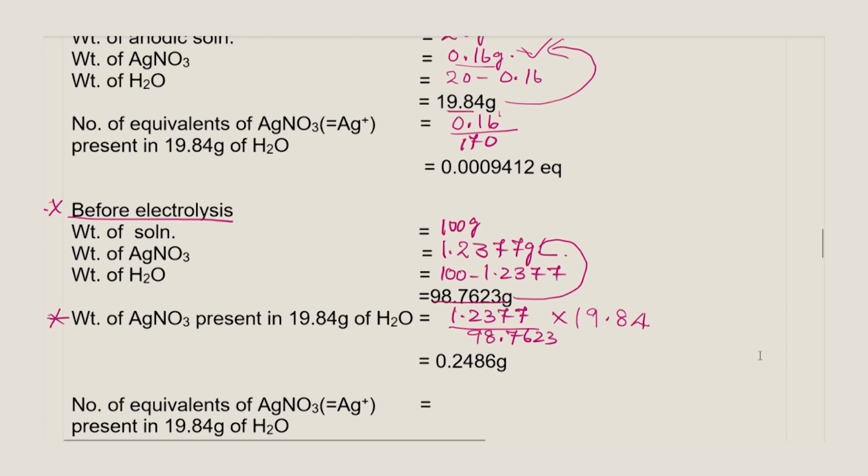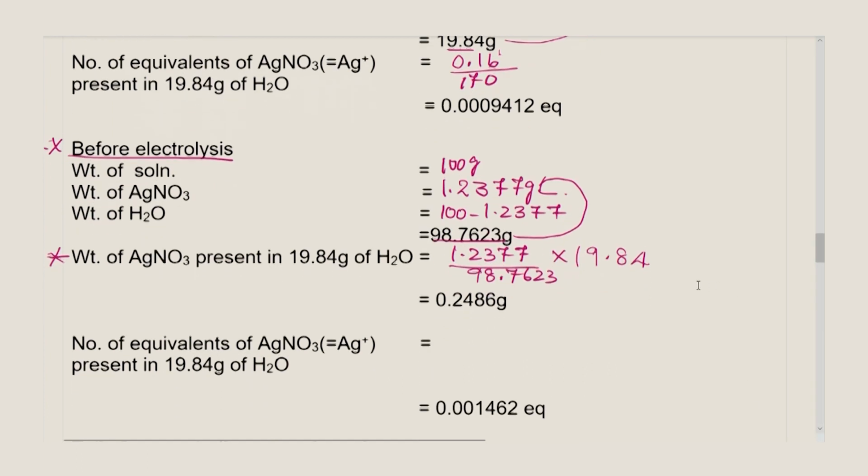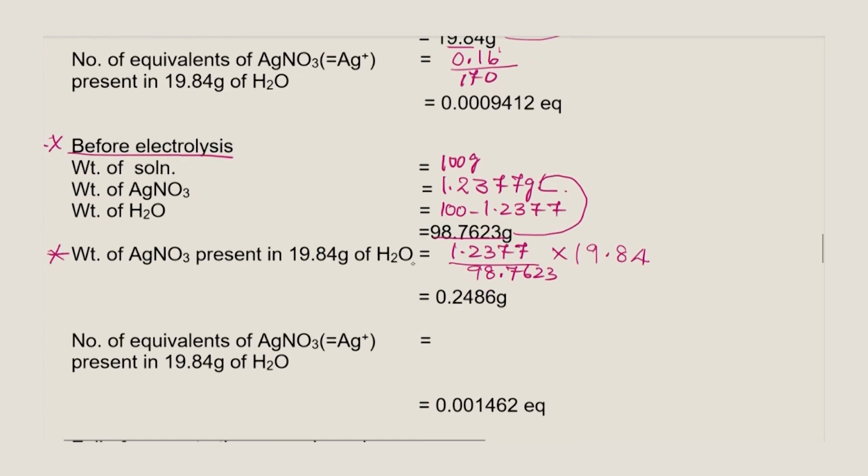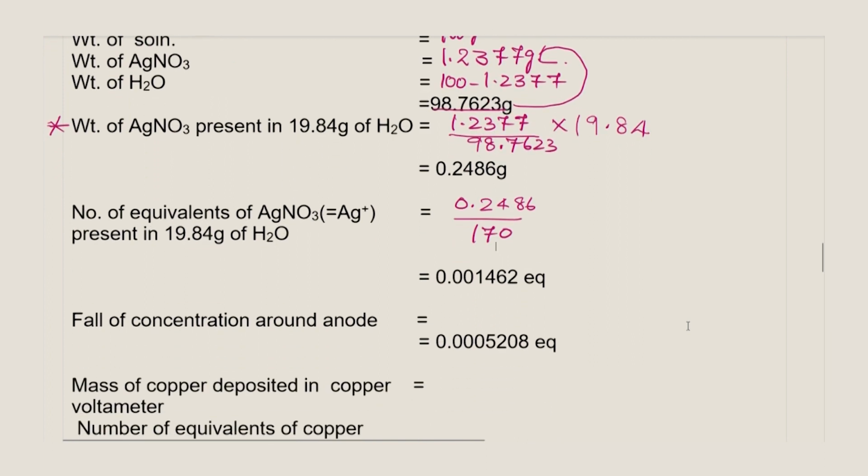Okay. Next, from this we have to calculate, this is the mass of silver nitrate, and converting it into equivalents, that will be equal to mass of silver ions, and therefore 0.2486 divided by 170, and you get the answer as 0.001462 equivalents.